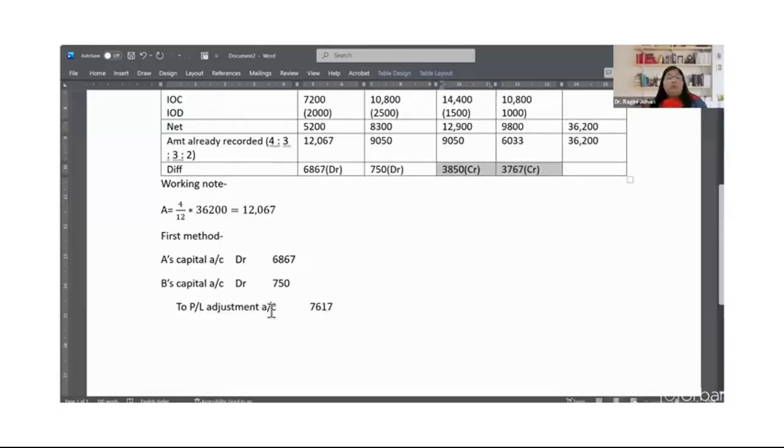So from this P&L adjustment account, the same amount will be distributed to these two partners in this ratio.